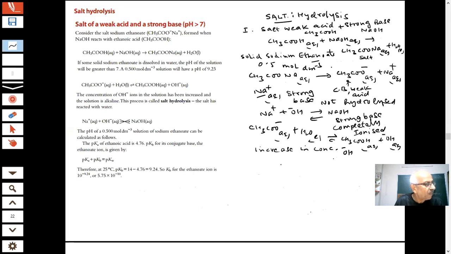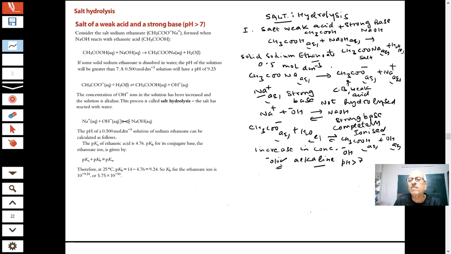There is an increase in OH minus concentration, so the solution will become alkaline, basic. That means the pH of the solution will be more than 7.